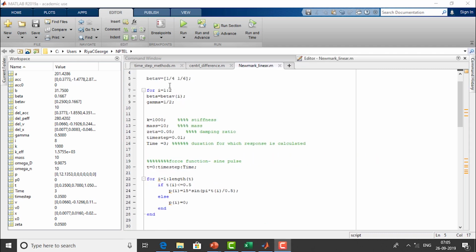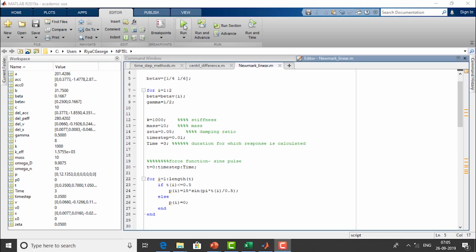We will calculate the responses for two values of beta, that is 1 by 4 and 1 by 6, corresponding to average acceleration and linear acceleration. So let's find this.